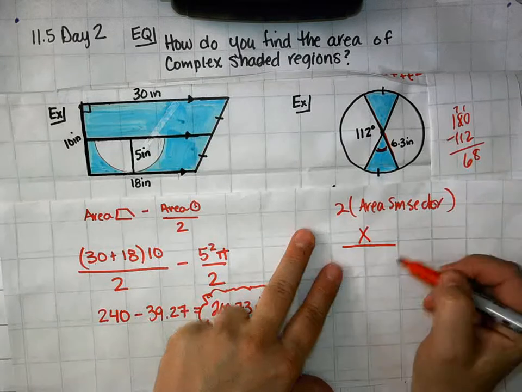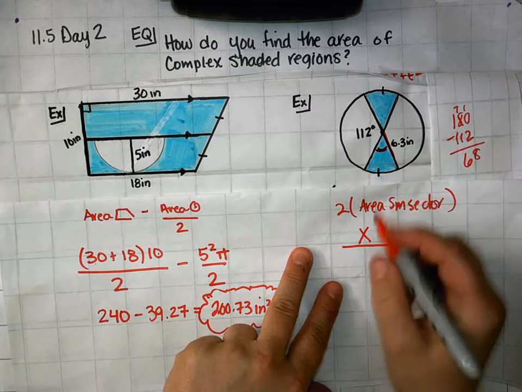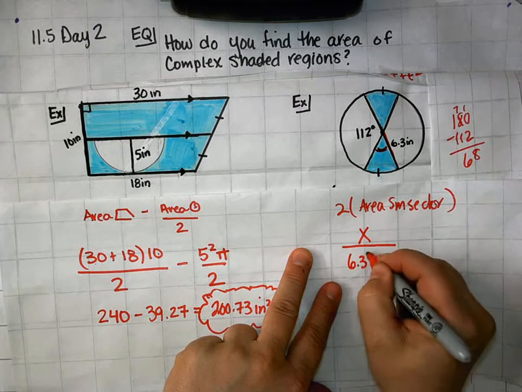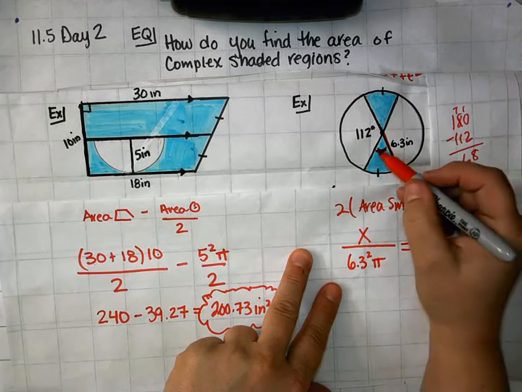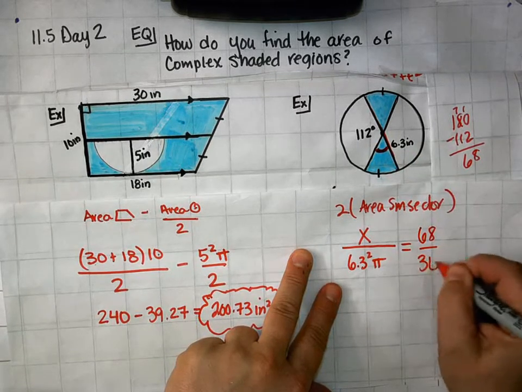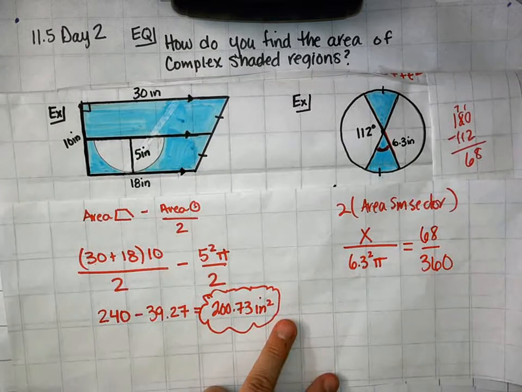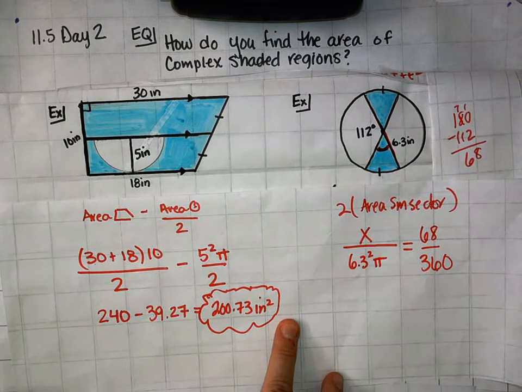So the area of the small sector we don't know. We know that the area of the whole circle is going to be 6.3 squared times pi. I know that my angle for my sector is going to be 68 out of 360 whole degrees in the circle. To solve this, I need to cross multiply.